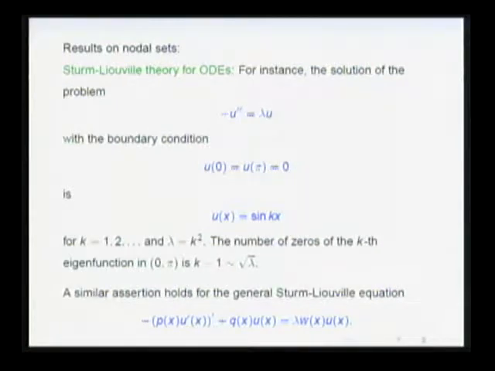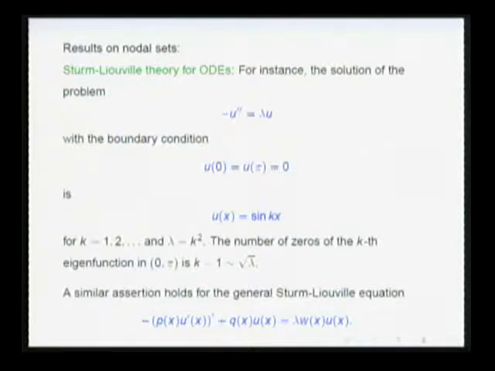If you start with the simplest case, it is the Sturm-Liouville problem, just an ODE, where things are completely clear thanks to the Sturm-Liouville theorem. So if you take, let's say, the simplest case, u'' equal lambda u, we know how to solve it with Dirichlet conditions by sine kx.